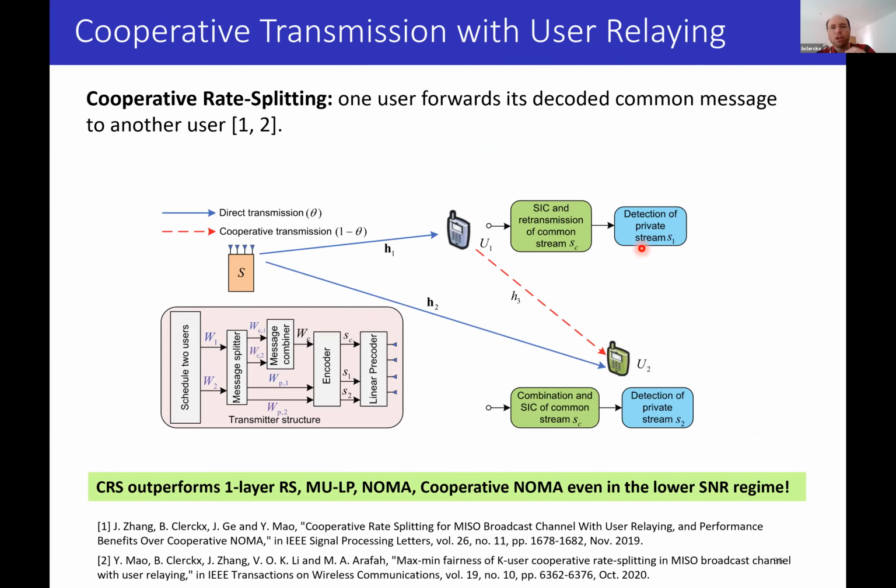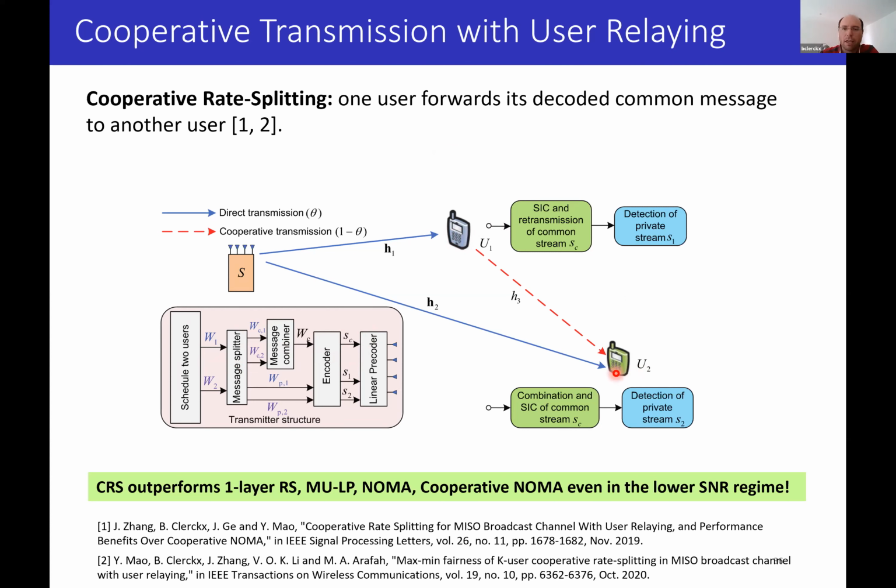Right, you can do cooperation. With this architecture, we recall that the common stream has to be decoded by both users. So what you can do at the receiver is enable some form of user relaying or device-to-device communication, where one of the users forwards the common stream to the other users in order to help them better decode it.